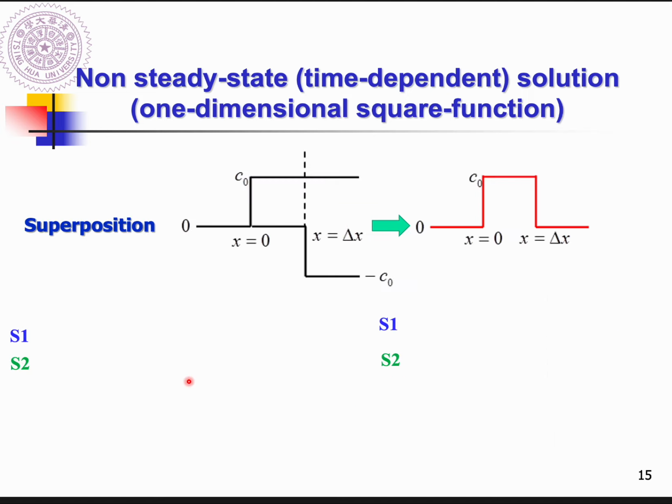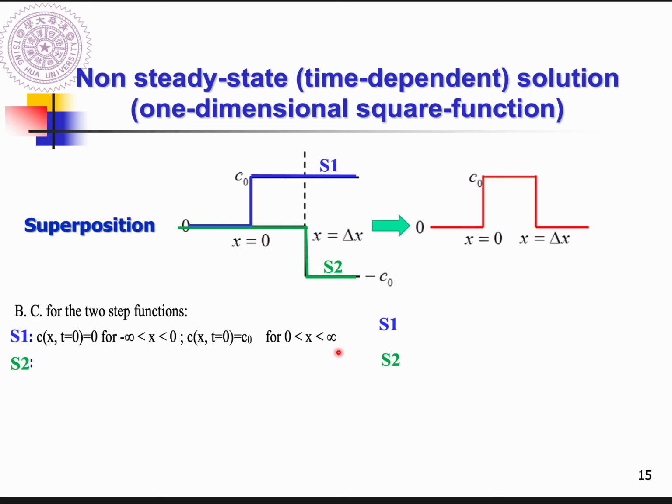So based on this idea, let's try to get the solutions for this square function. We have the two curves for step functions, S1 and S2. We have the boundary conditions as we mentioned before, and don't forget, do you remember the solution for this step function is shown here, right?